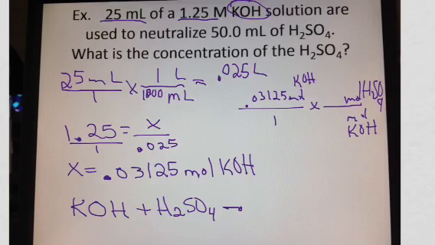And we already learned that it's going to produce water and a salt, but I'll just go ahead and do it as a double replacement so you can see what the salt is. So I'm going to take the sulfate off of the hydrogen and put it on the potassium. The 4 is a part of sulfate, so I bring that with me.